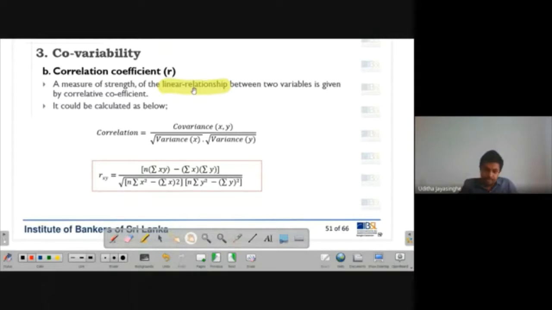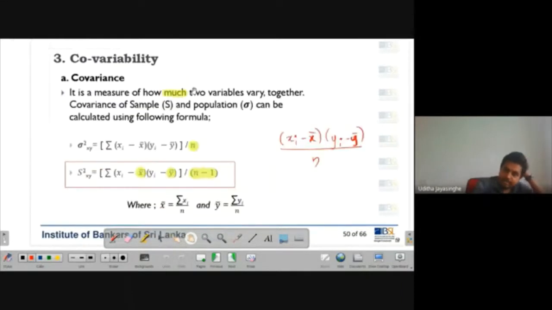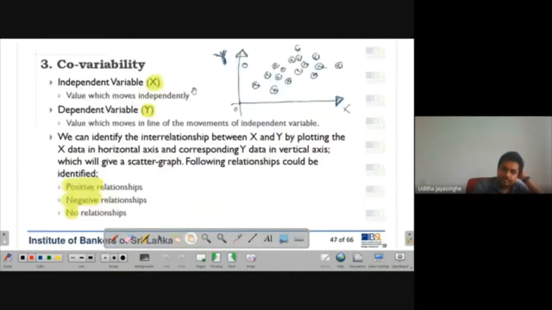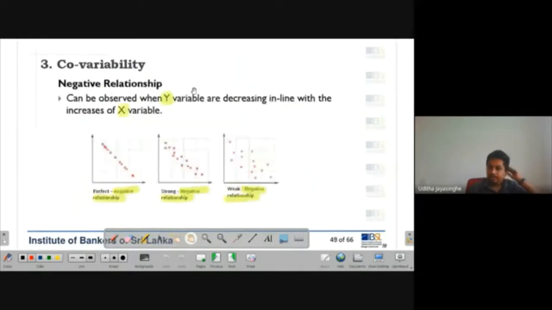So one could argue, okay, fine. All the other discussion that we had so far on two variables, on covariability, on scatter diagrams, includes weak negative relationships or no relationships, something where you draw a scatter diagram and you can't find any relationship.